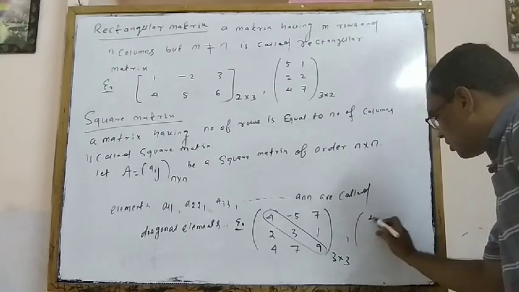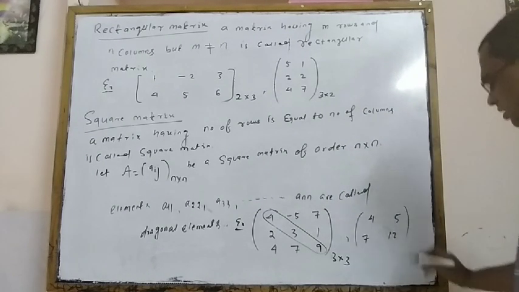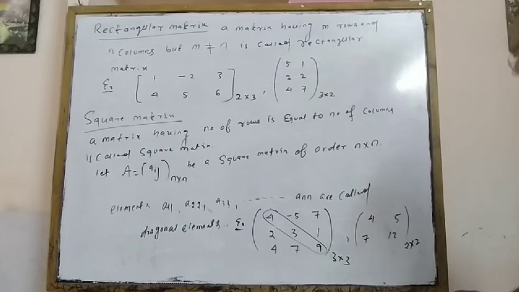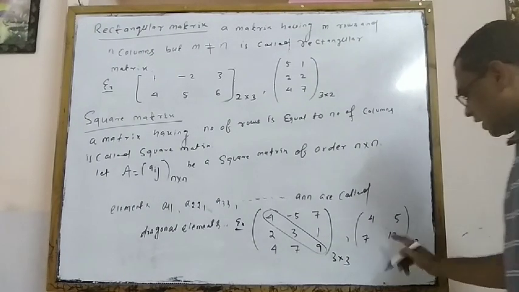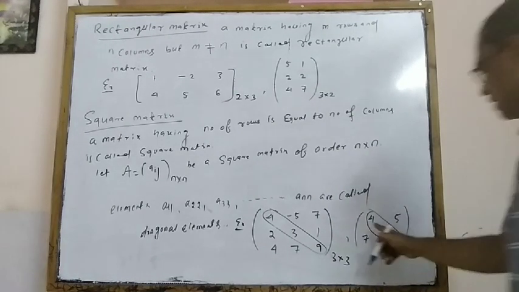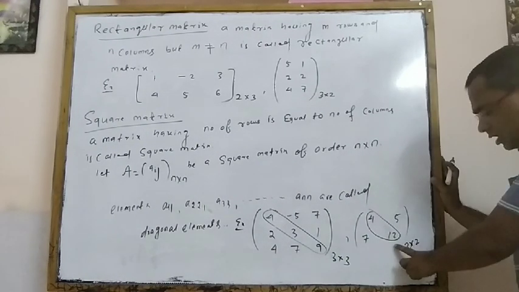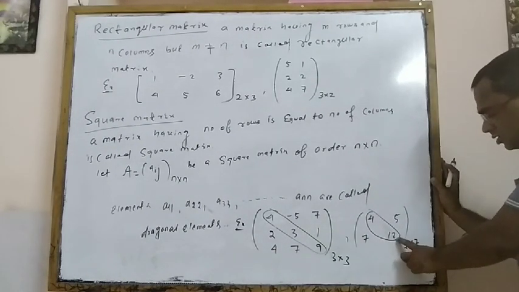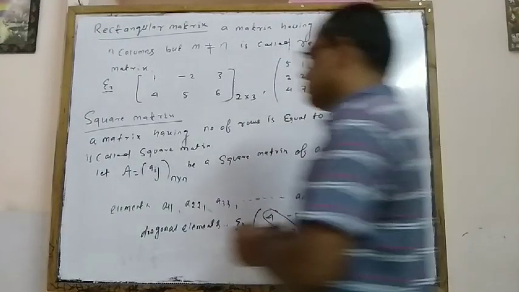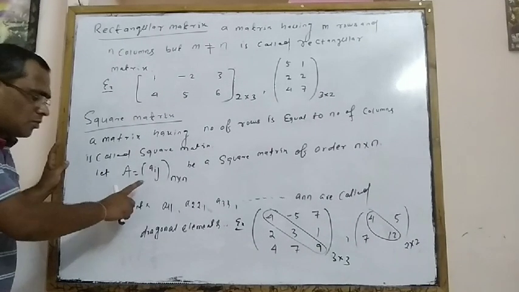Another example: 4, 5; 7, 1. This is also a square matrix of order 2. The elements 4 and 1 are diagonal elements, and they form the diagonal or leading diagonal of the matrix. So a square matrix has number of rows equal to number of columns.